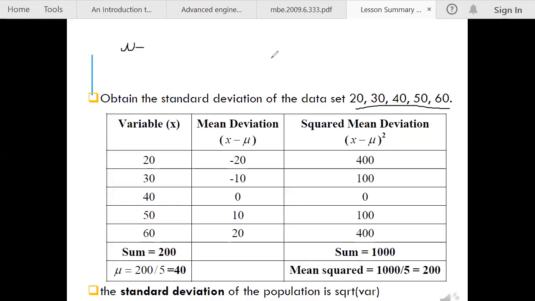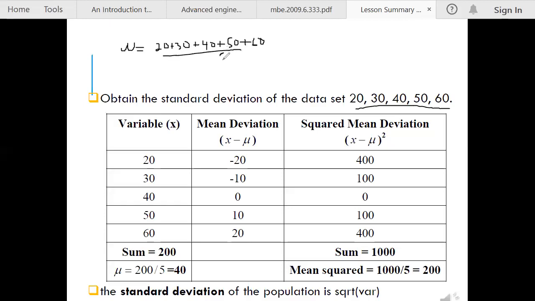So the mean will be to sum the data up, which will be 20 plus 30 plus 40 plus 50 plus 60, all over 5.